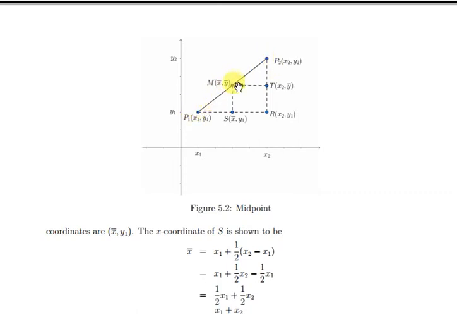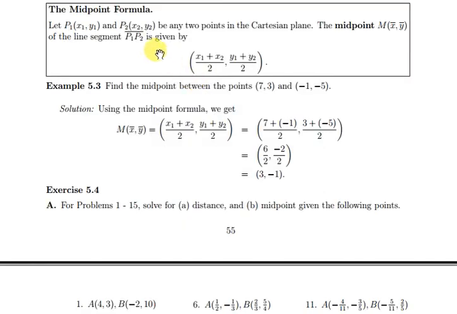One half of that distance is called the midpoint of P sub 2 and P sub 1, denoted by capital letter M, (x bar, y bar). And the midpoint formula, given any two points in the Cartesian plane, is (x sub 1 plus x sub 2 over 2, y sub 1 plus y sub 2 over 2).